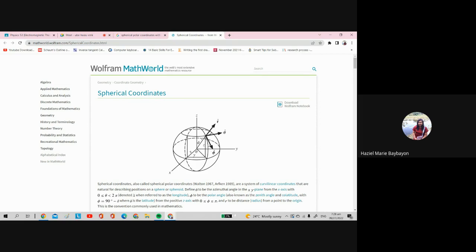Okay, now take note that these three are mutually perpendicular gihapon, just like the x, y, and z hats. Okay, so they are mutually perpendicular, meaning to say they make an angle of 90 degrees with respect to each other. Tapos, mag-vary ila ang direction, class.